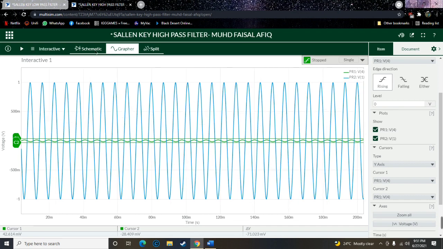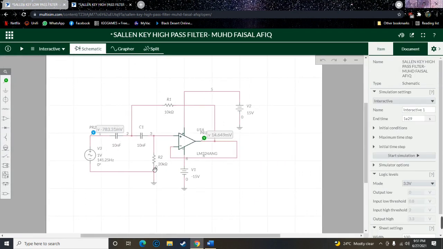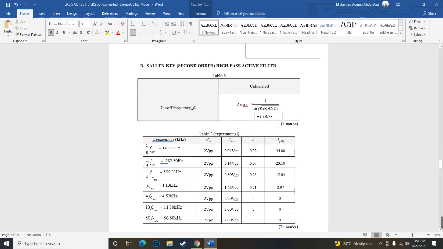Now I will change the frequency to a higher frequency than the cut-off frequency. Let's try 56.5 kilohertz.